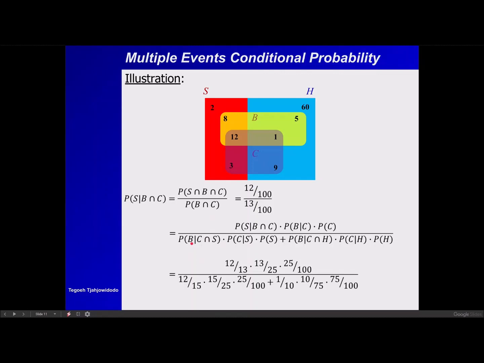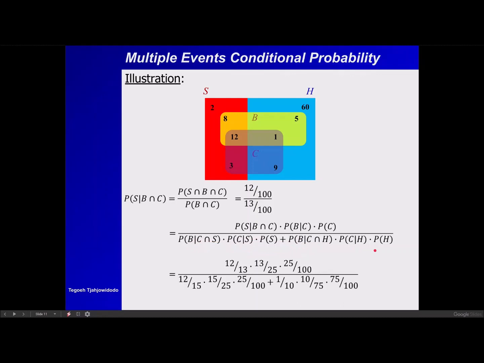Probability of B and C occurring together will be probability of B given C and S occurring together times probability of C given S times probability of S. So this is the chain rule of probability for B, C, and S, plus the probability of B, C, and H. If you look at the denominator, this is the total probability, where each of these two terms is calculated using the chain rule.